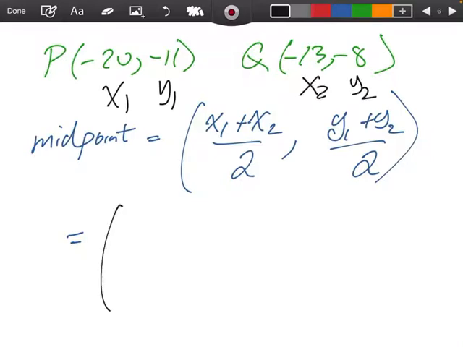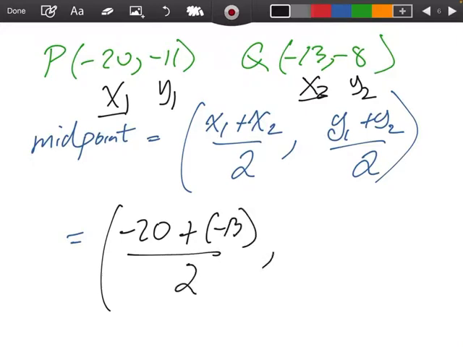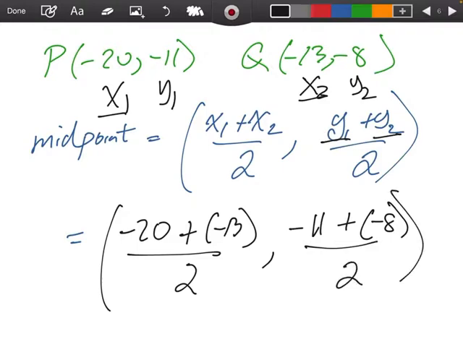So my midpoint formula is going to say, let's take the x1 and the x2 and add them together. So negative 20 plus a negative 13, all divided by 2. And let's take the y1 and the y2 and add them together. So negative 11 plus negative 8, all divided by 2.